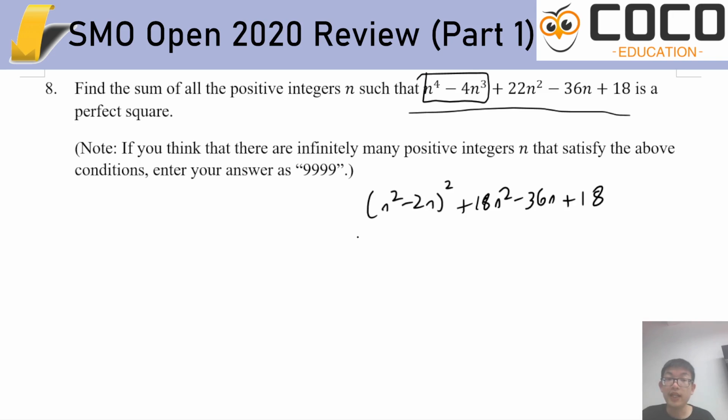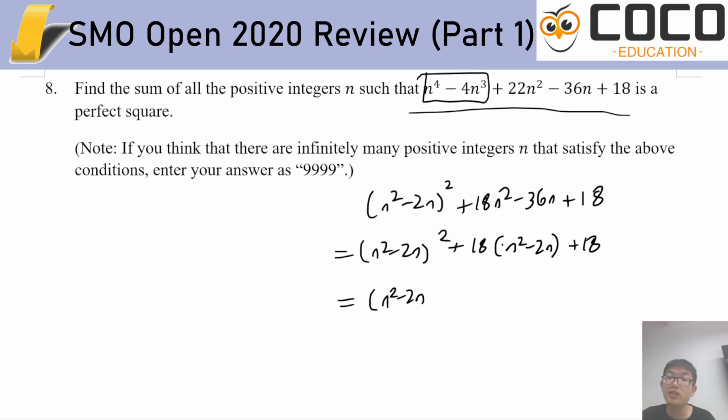Now, I realize that this is perfect for my attempt to complete the square because this has a factor of 18, and so I can complete the square with n squared minus 2n as the variable. And this is going to be my perfect square. Let's call that m squared.